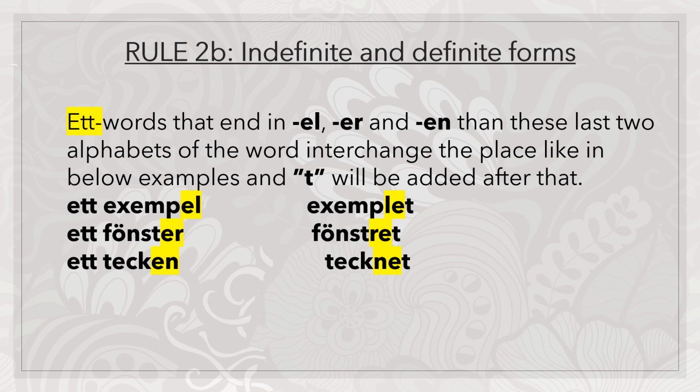For example, ett exempel will be exemplet, ett fönster will become fönstret, ett tecken will be tecknet. So we need to remember the rule and practice with lots of words.